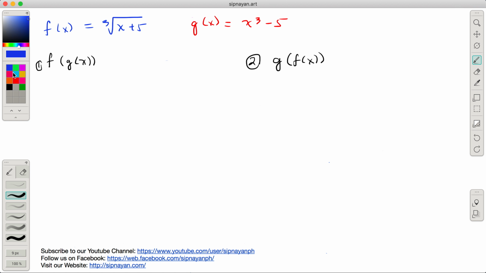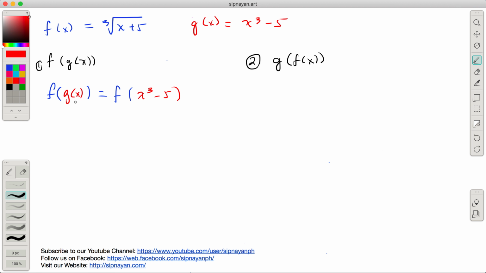So f of g of x. G of x. So, ano magiging input natin dyan? Yung input natin ito, di ba? So, meaning we have f of x cubed minus 5.